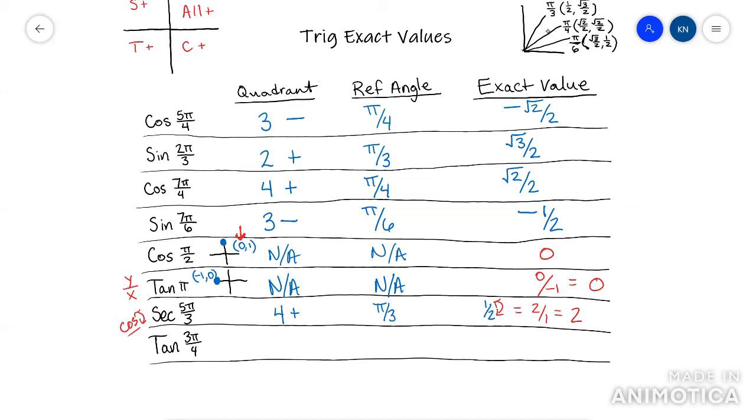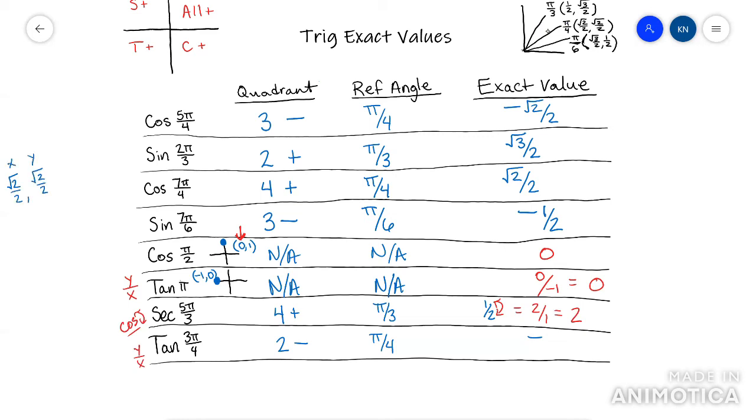Then lastly, tan of 3 pi over 4. This is in quadrant 2. Tan is negative there, so I'm going to go ahead and put a negative on my answer. My reference angle is pi over 4. I told you anytime you see tan, write y over x. Because now you're going to have to go find pi over 4 at your reference angle. And you have root 2 over 2, comma, root 2 over 2.